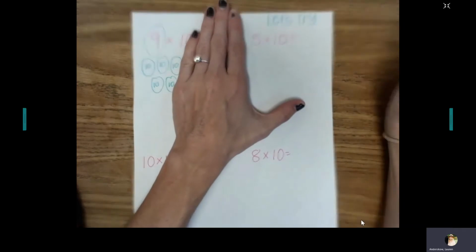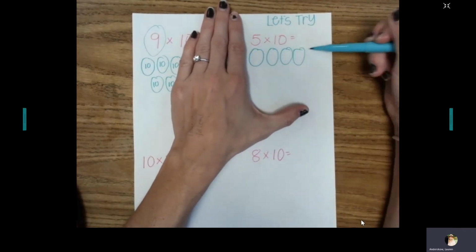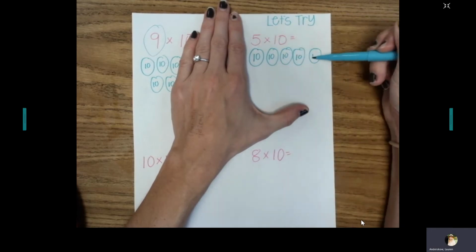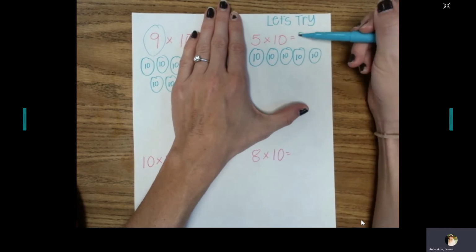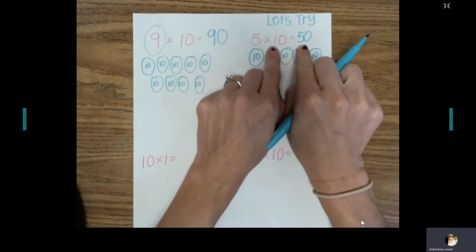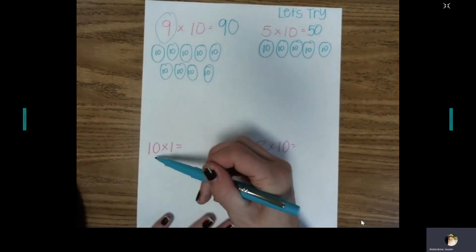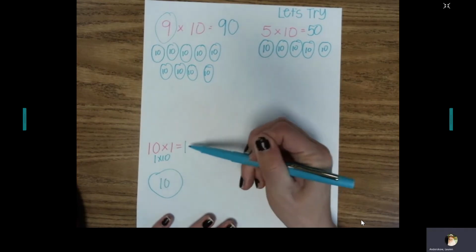Okay, 5 times 10 is 5 groups of 10. 10, 10, 10, 10, 10. Or if I skip count, I have 10, 20, 30, 40, 50, which makes sense. If I'm only multiplying by 10, I should have that 5 over here. So that's good. 10 groups of 1, or I could think of it as 1 group of 10 is just 10.